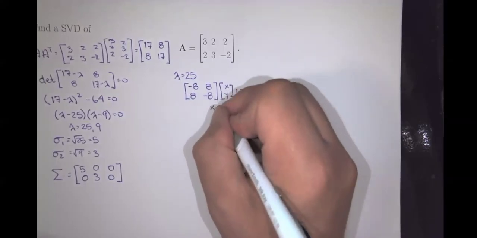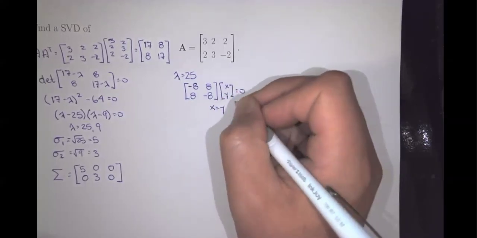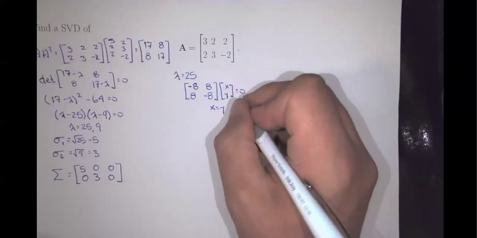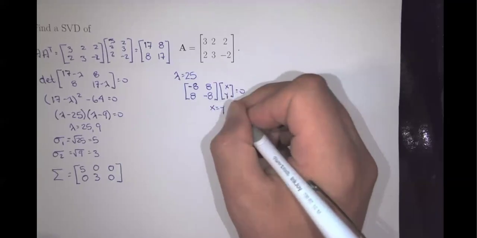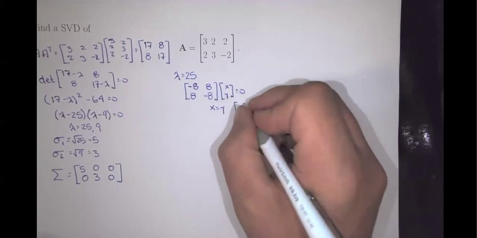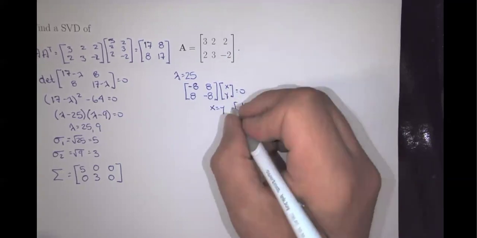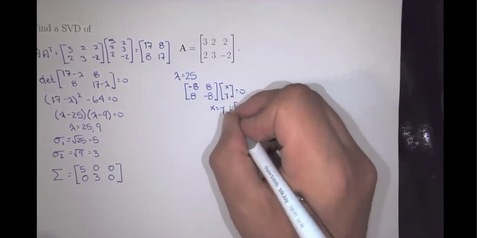And so we end up with the equation x equals y, or the eigenvector 1, 1. Now we need to normalize that, so let's multiply that by 1 over root 2.